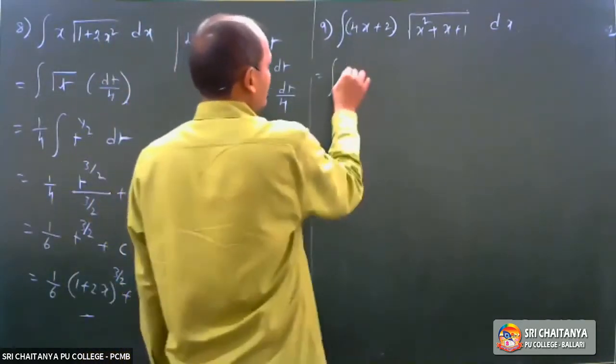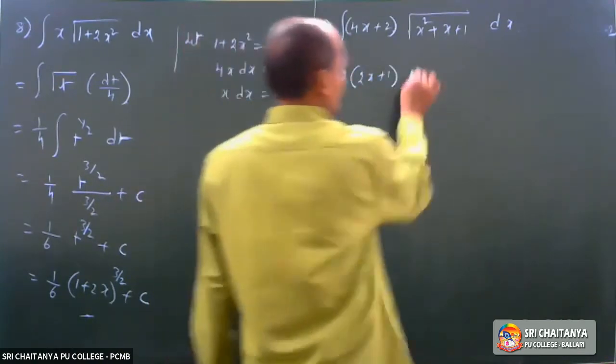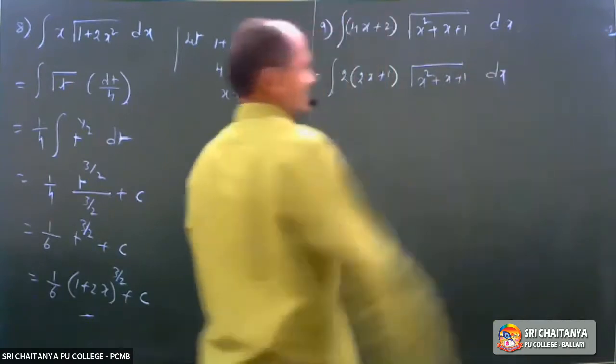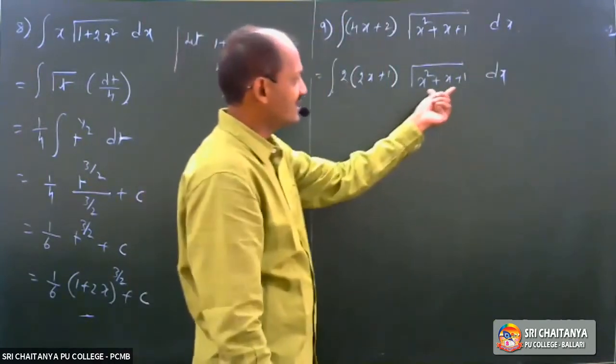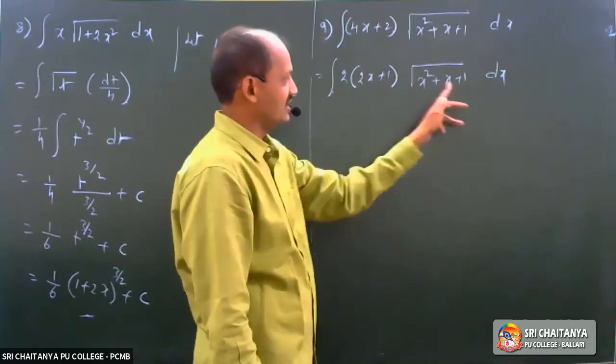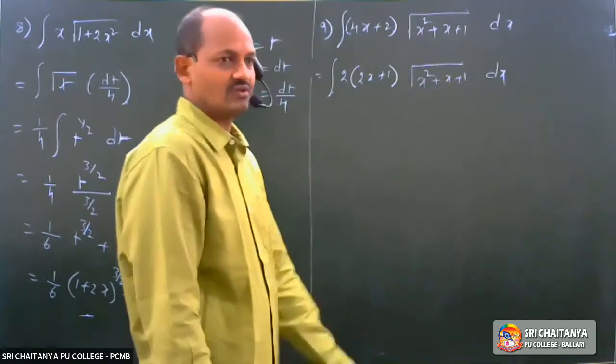Integral of 2 into 2x plus 1 root of x square plus x plus 1 whole dx. Now this term we have to consider as t. Derivative of x square is 2x, derivative of x is 1, derivative of the constant 1 is 0.